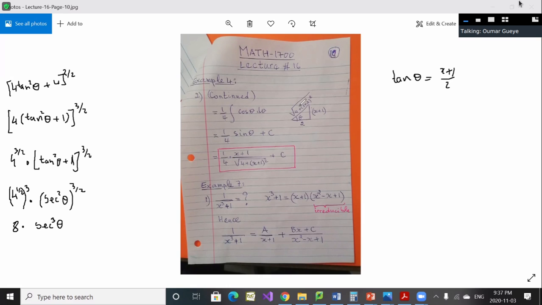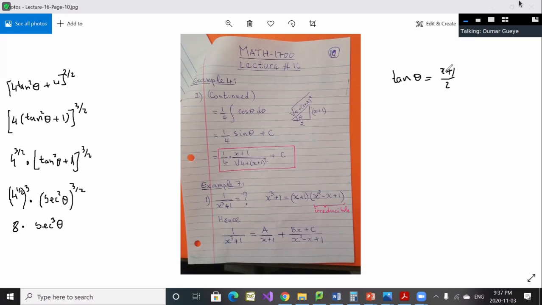So if you use this triangle here, tan of theta, as you know, from the right triangle is equal to opposite side over the adjacent side. So the opposite side here is my x plus 1, and the adjacent side is 2, coming from our substitution formula.